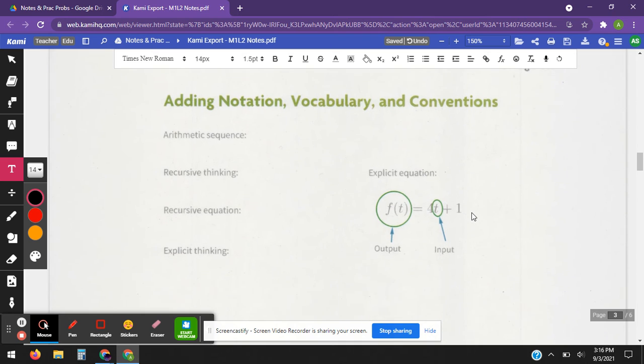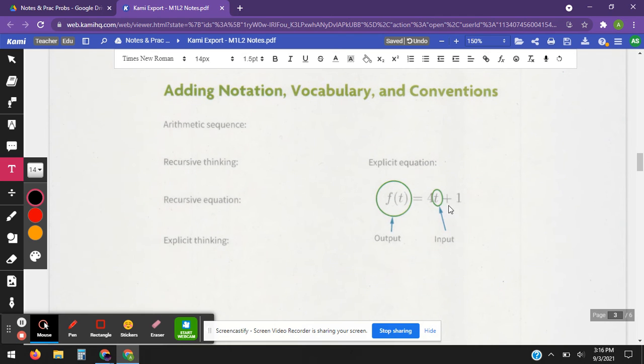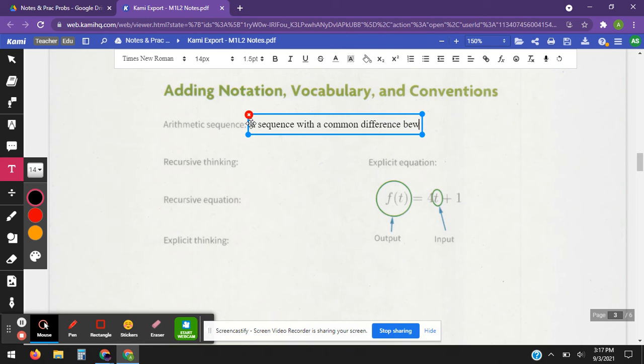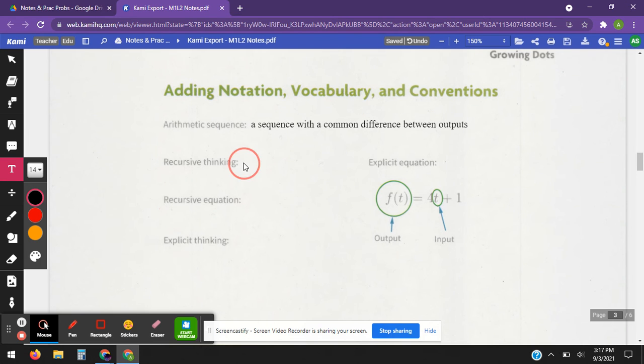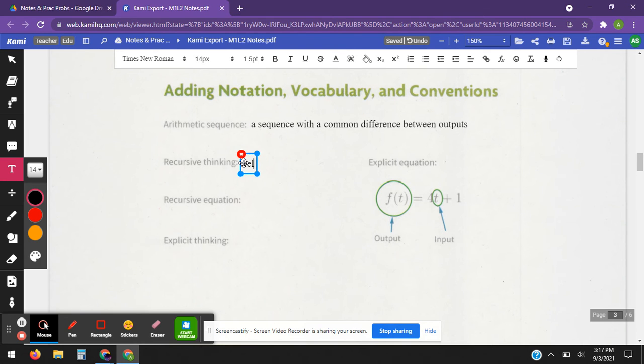All right. So now, when we're looking at these specifically, an arithmetic sequence is a sequence with a common difference between outputs. The recursive thinking relates one output to the next output.